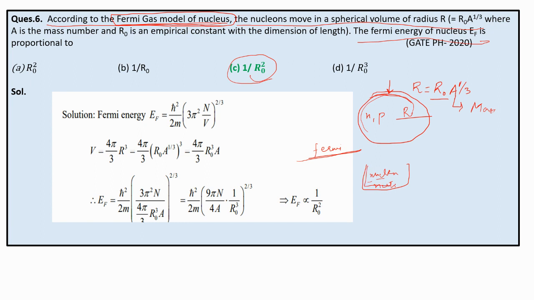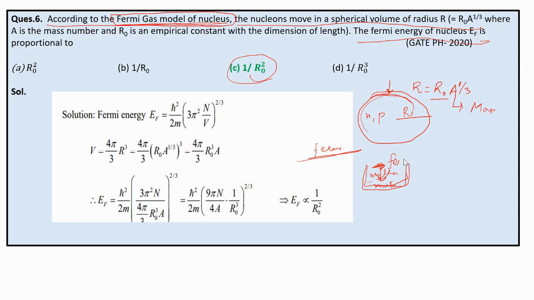So suppose they are lying in this constant potential and they are non-interacting particles. So they will follow a statistics which is known as Fermi-Dirac statistics. This statistics will help us to determine the energy distribution of these fermions.